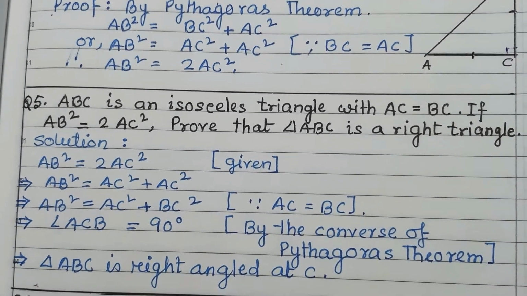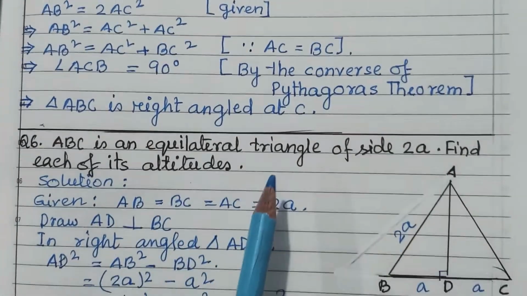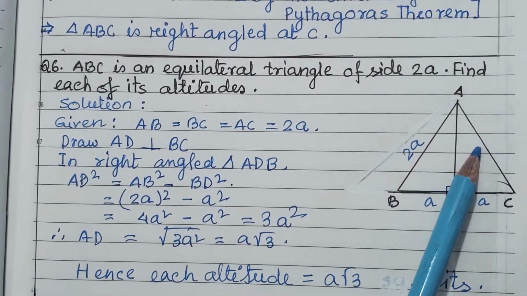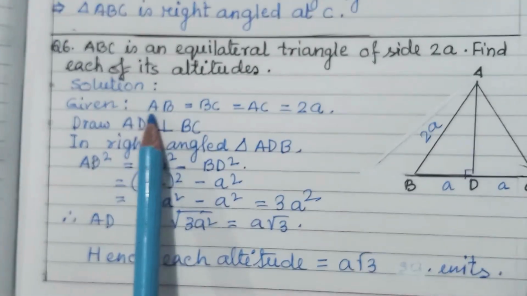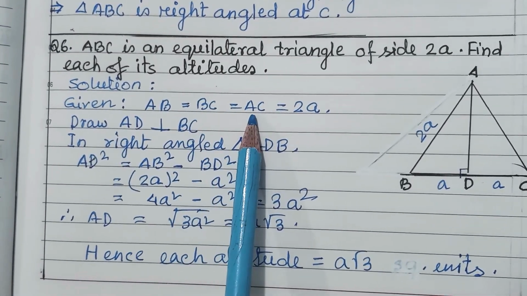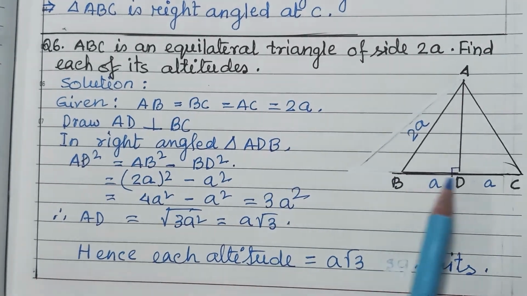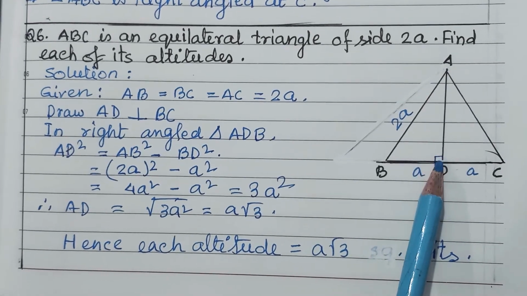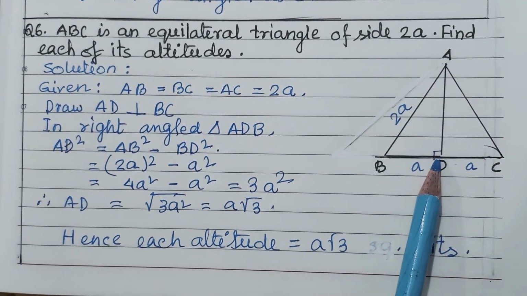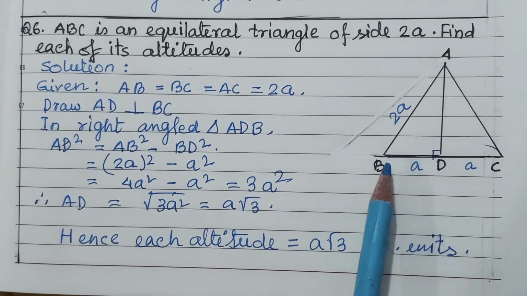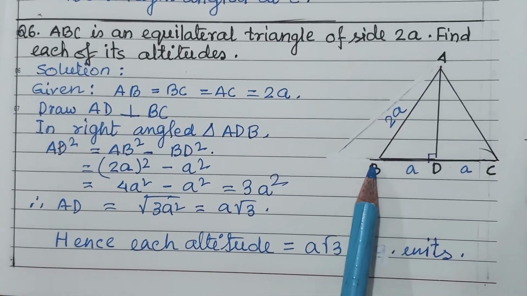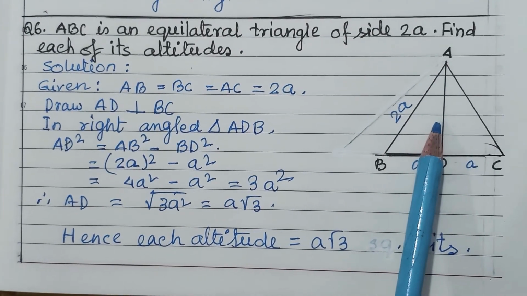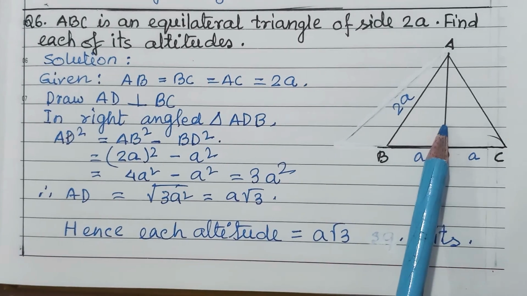Now, ABC is an equilateral triangle of side 2A. All three sides are 2A, 2A, 2A. So given AB is equal to BC is equal to AC is equal to 2A. As it is an equilateral triangle, if we draw a perpendicular on BC from A, D must be the midpoint. Therefore AB is equal to 2A and BD is equal to A. We have to find AD, the altitude.